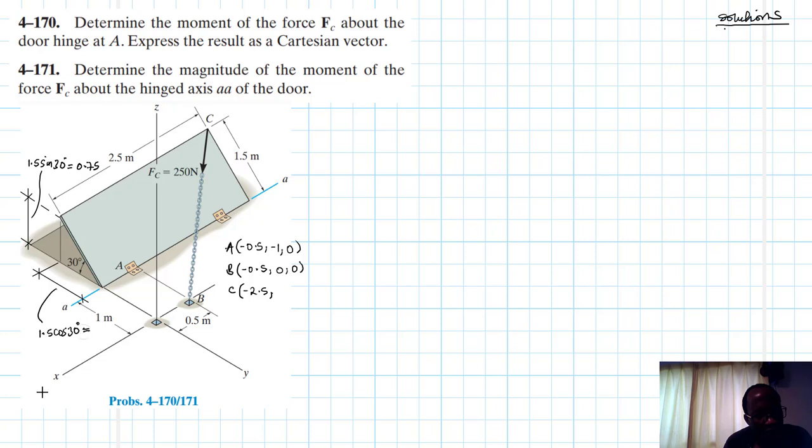Then this one is 1.5 cos 30. This gives us 1.3.